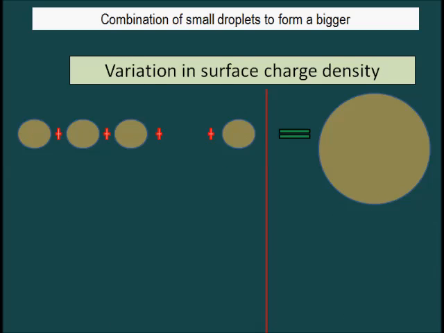Lastly, we will discuss charge density. Every charged droplet has charge density sigma before combination, and there are n droplets. After combination, the bigger charged droplet has a charge density sigma dash.